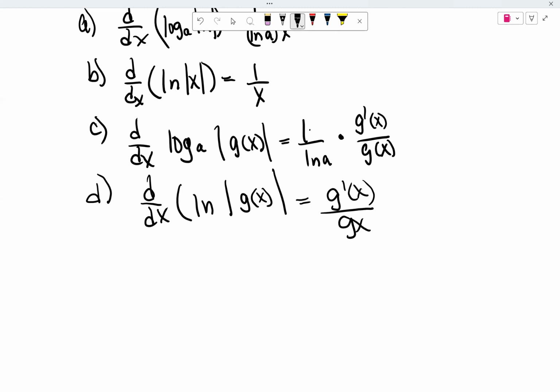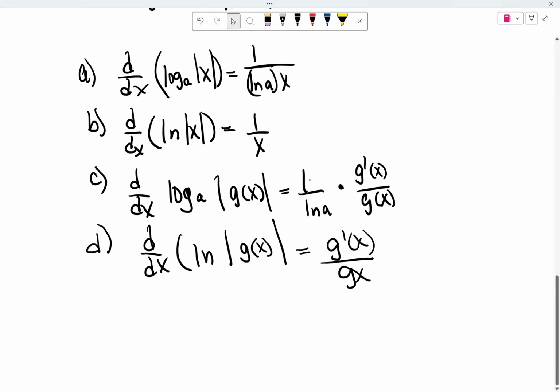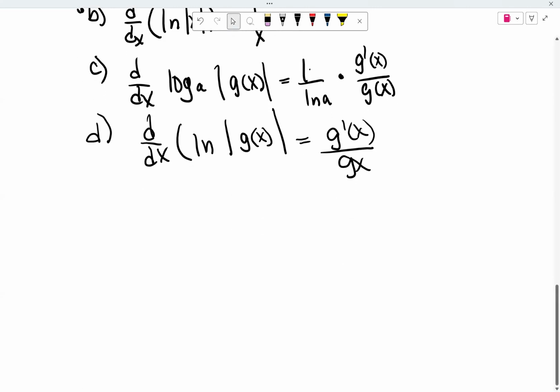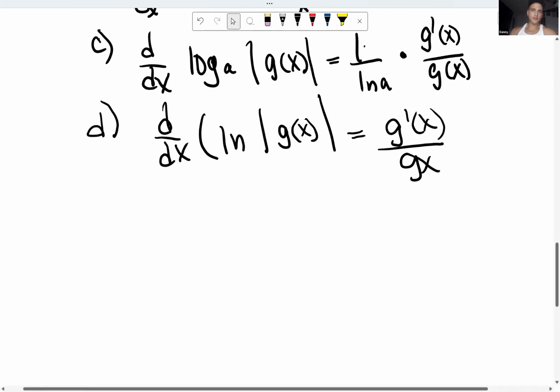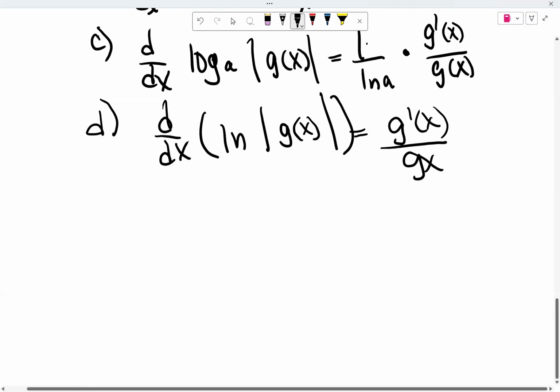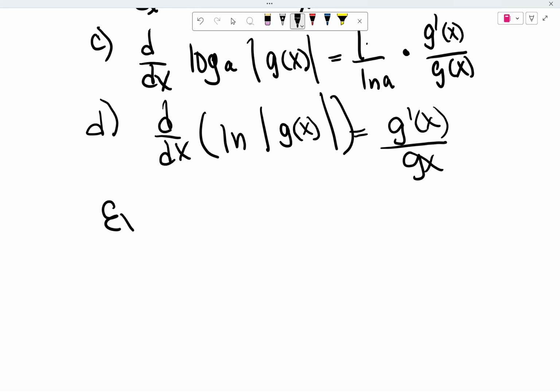So let me show you example 3, which kind of brings this home. And pay particular attention to B as one example that might help you put it together, so to speak, the absolute value of the function g of x in B. Okay, I'm going to refer to this as example 3. And in this example, I have a function given to me as y equals natural log absolute value 5x.